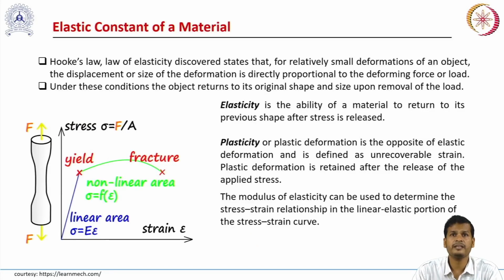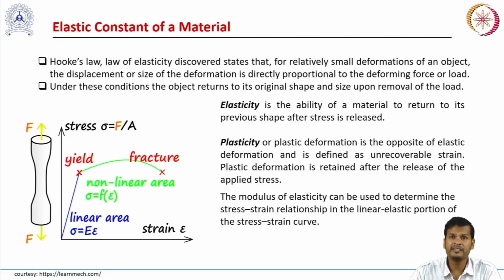Now these stress and strain are defined by the elastic properties of a material, which is defined by Hooke's law of elasticity. Hooke's law states that for a relatively small deformation of an object, the displacement or size of the deformation is directly proportional to the deforming force or load.